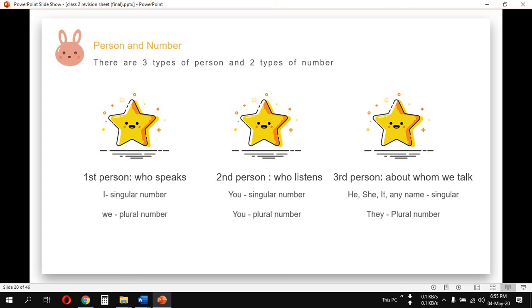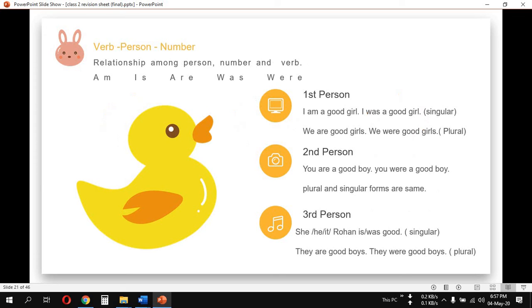And finally, the third person means about whom we are talking, and the pronouns he, she, it, or any name, are examples of singular number, and they is the example of plural number.